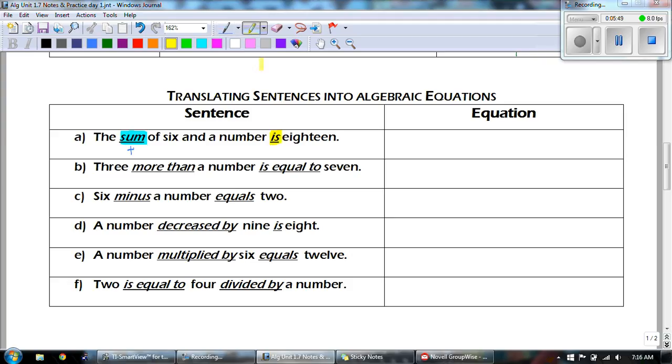The word is, that is our equal sign. So I have the sum of 6 and a number is 18. We're just taking what's in words and changing it to an algebraic equation.